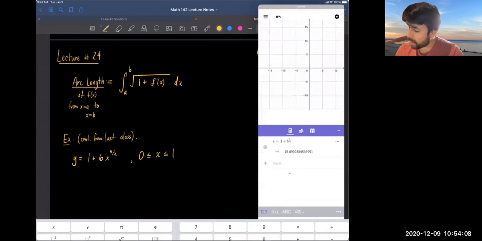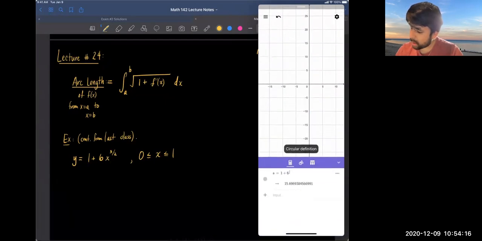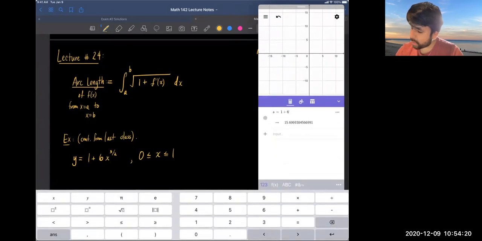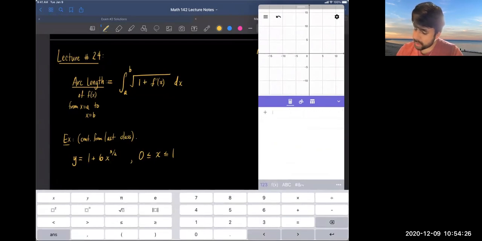Hold on. X to the 3 halves. Great. Now my calculator is not working. So I got 1 plus 6x to the 3 halves.